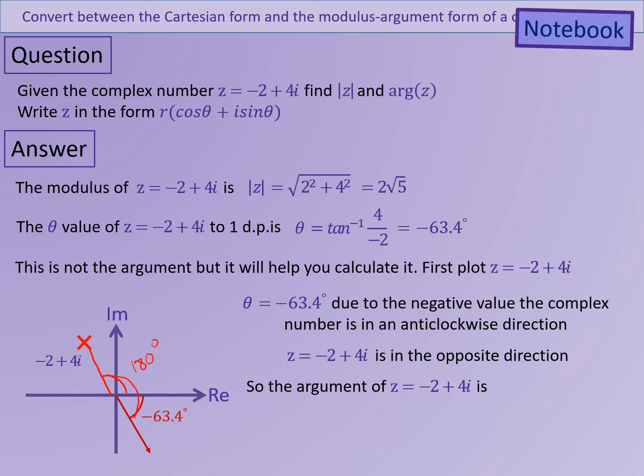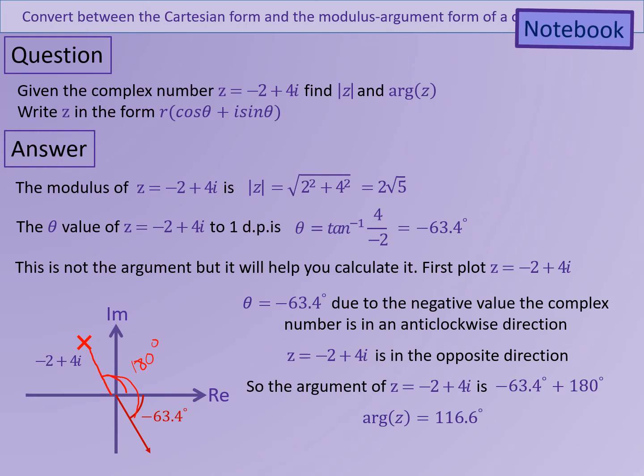So if we've got 63.4 below the real axis, we must have 180 minus 63.4 above the real axis, or minus 63.4, add the 180 on. So the argument of z is 116.6.